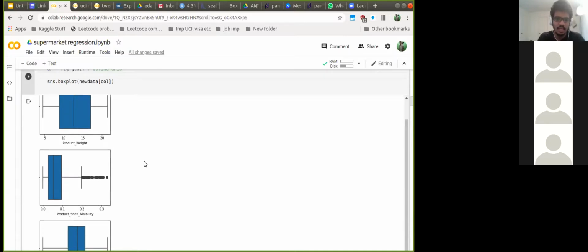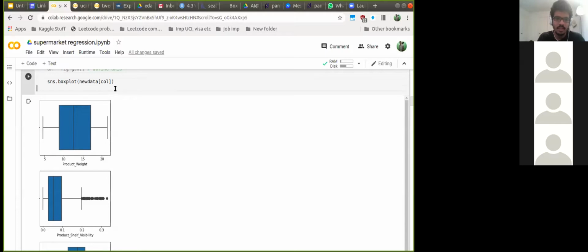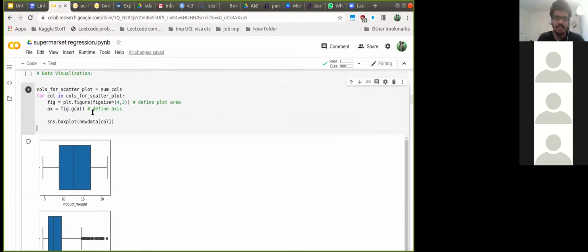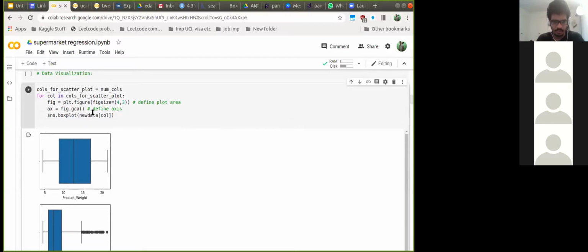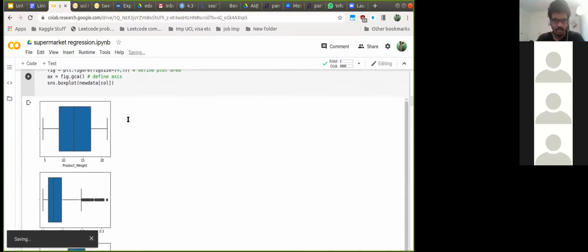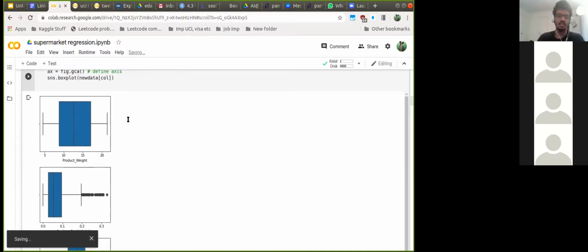And so in EDA, what is important is that we want to get a sense of how our data is distributed, and we'd also want to get ideas for the feature engineering process. So we'll get to that in a minute.